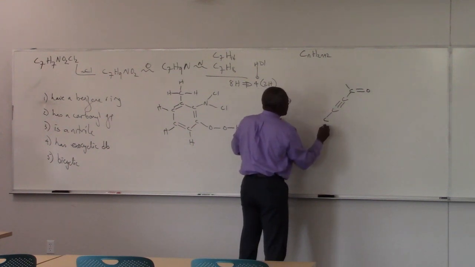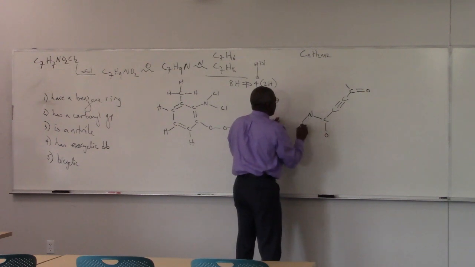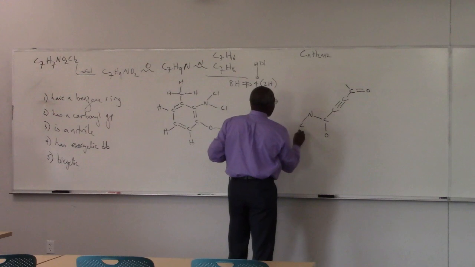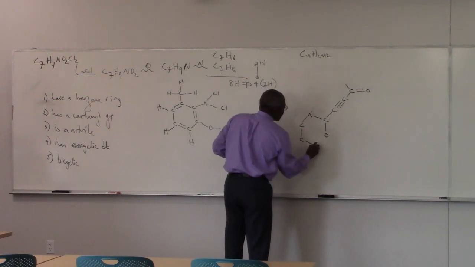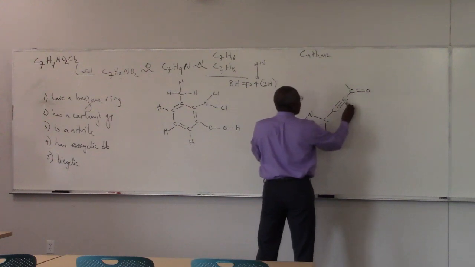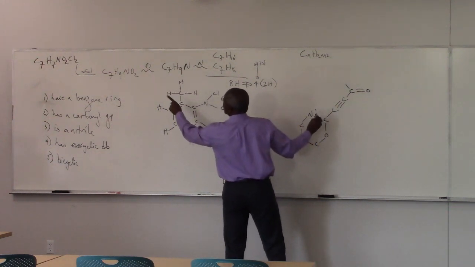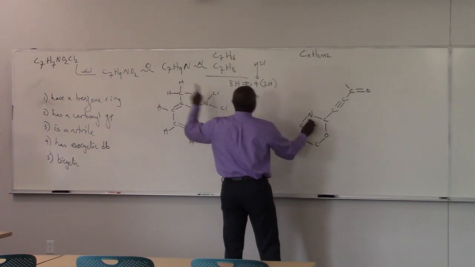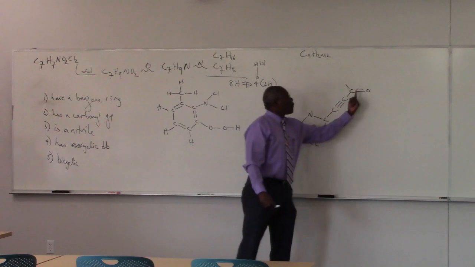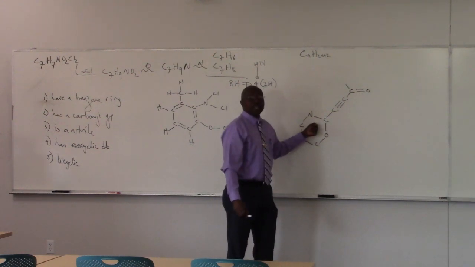I'm going to say 1, O, N, C. So 1, 2, 3, 4, 5, 6, 7 carbons. I've used my 1 N. I've used both O's. And I've consumed 1, 2, 3, 4 of the HDIs.